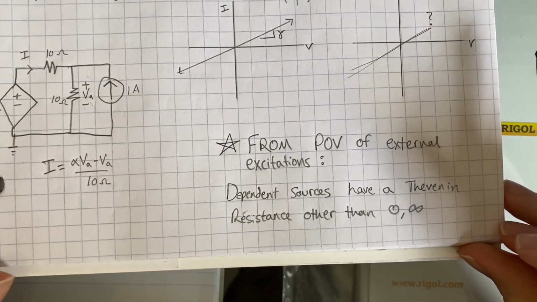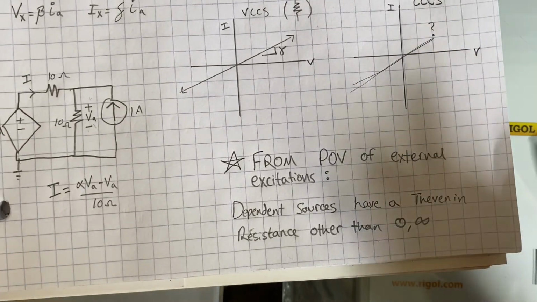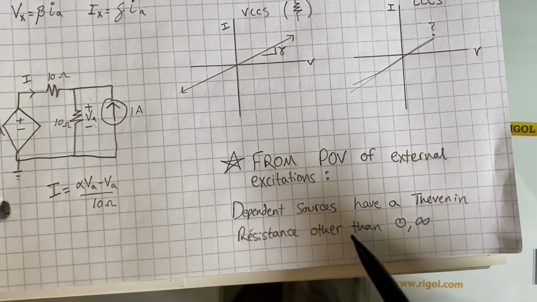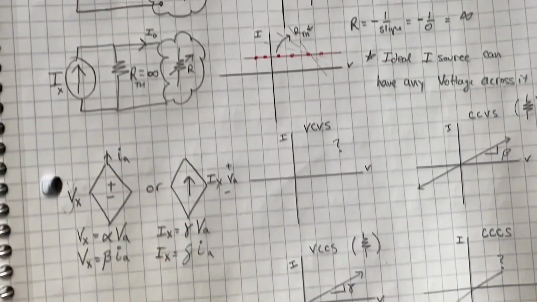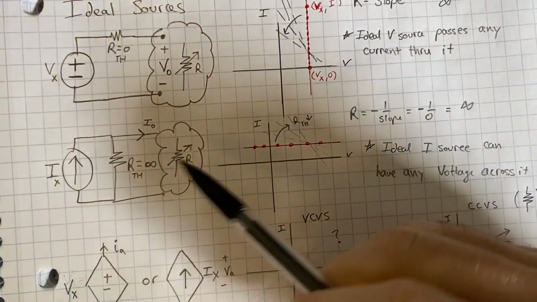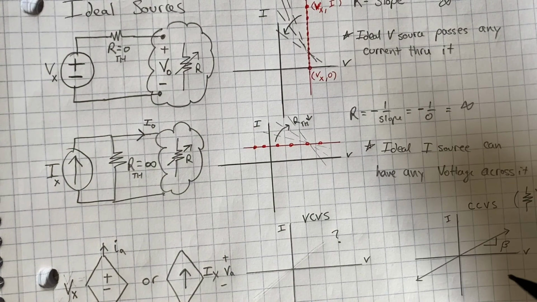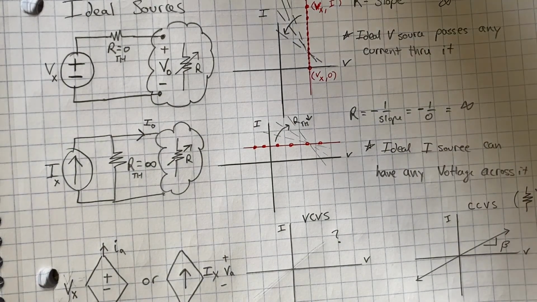So in conclusion, from the point of view of external excitations, dependent sources have a Thevenin resistance other than 0 or infinity, which means we cannot just short them out or open them up in Thevenin calculations, which we'll see in the next video.